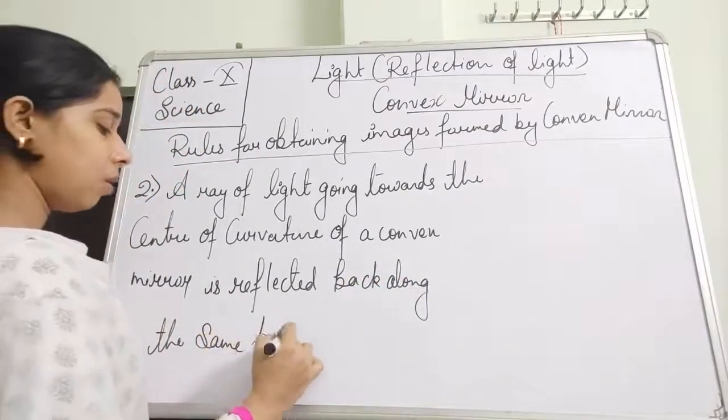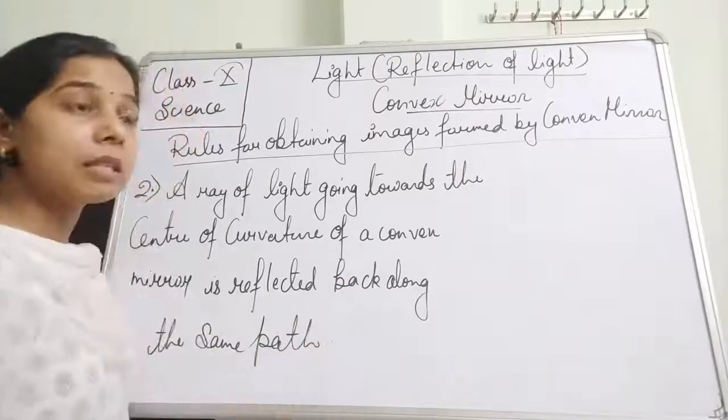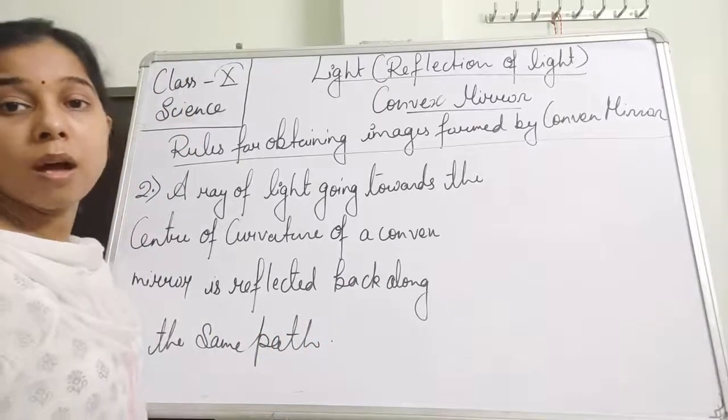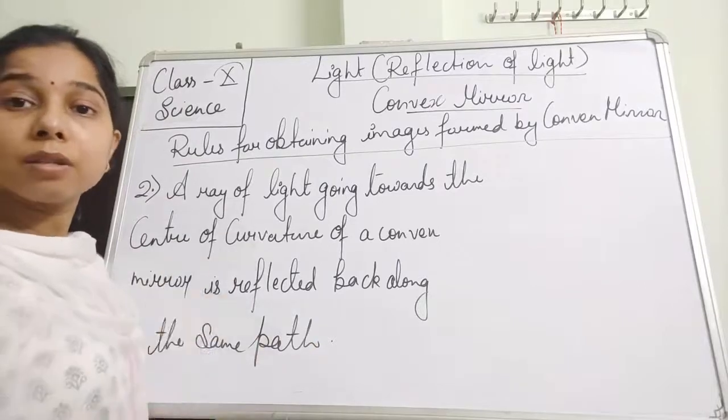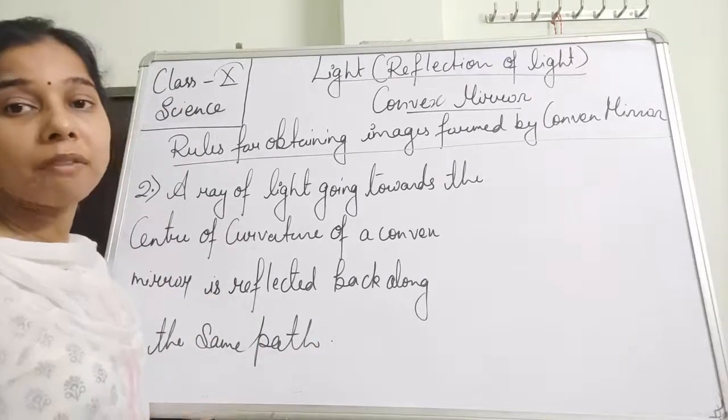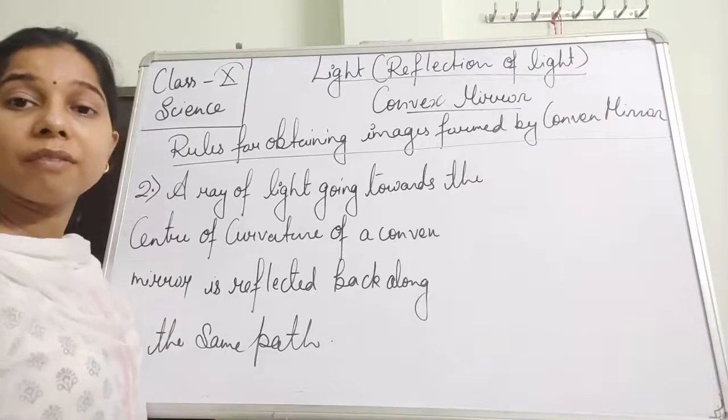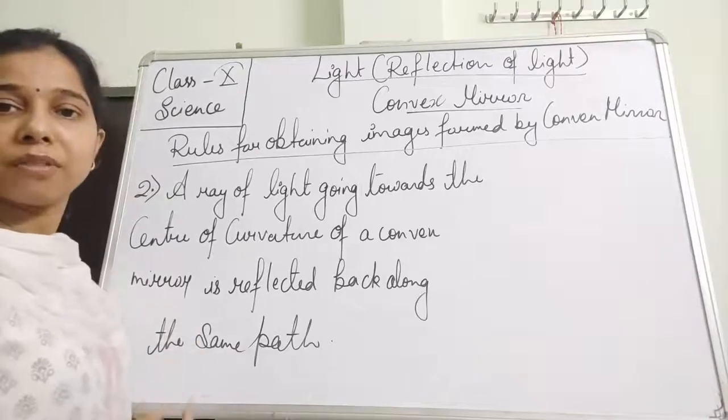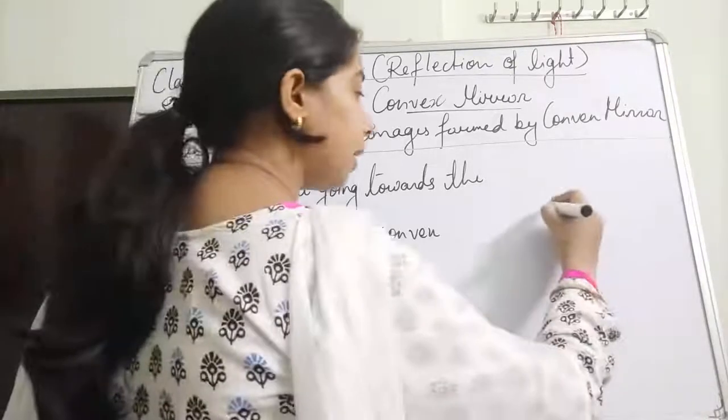Obviously, we have seen this in the case of the concave mirror also, that when a ray of light passes through the center of curvature, after reflection, that reflected ray will again pass through the center of curvature. Same thing happens here, students.